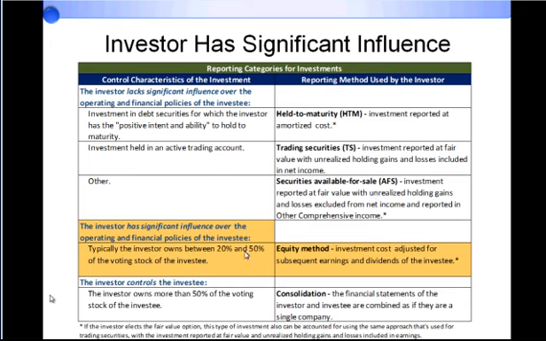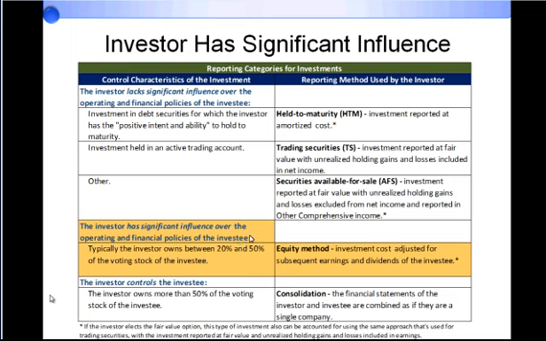So we have a few different ways we're going to talk about reporting for these investments. We're going to talk about a situation where the investor lacks significant influence over the operating and financial policies of the investee. So in other words, they're just investing a little bit of money. They can't control the company. Then we'll talk about a situation where the investor has significant influence over the operating and financial policies of the investee.